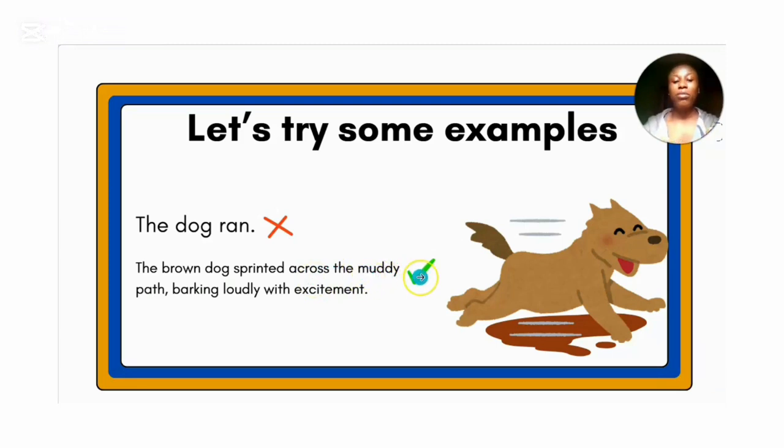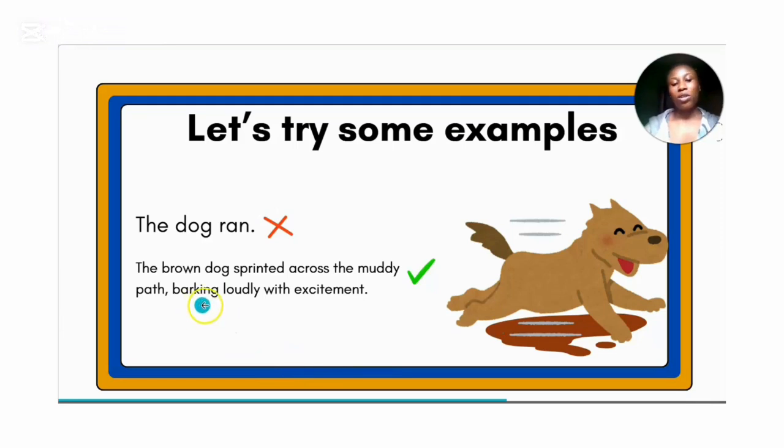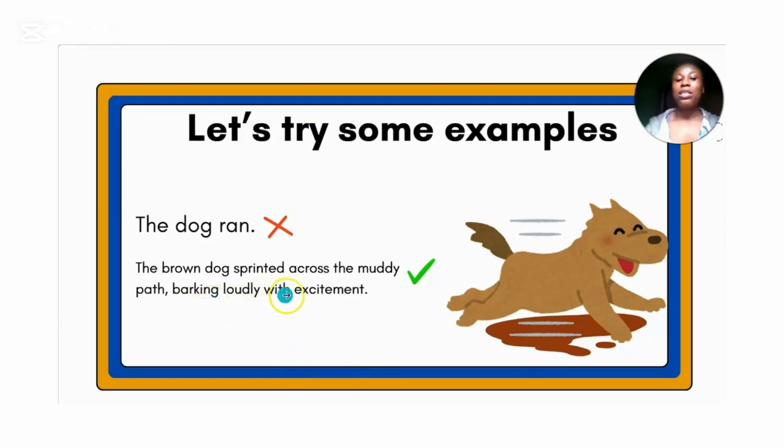The muddy path is describing how the water looks. Okay, so these are words that I use to describe. You need to understand antonyms, you need to understand similes, you need to understand some of these things to help you put together a good sentence. Okay, so what was the dog doing? It was barking loudly with excitement.